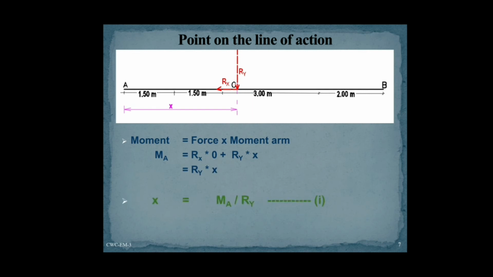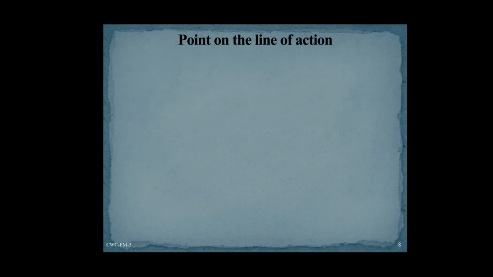From this we can write a formula for x as x equal to MA by Ry. Here Ry is known, that is, we have already found it as 67.32 kilonewton. Now we have to find MA to calculate x.